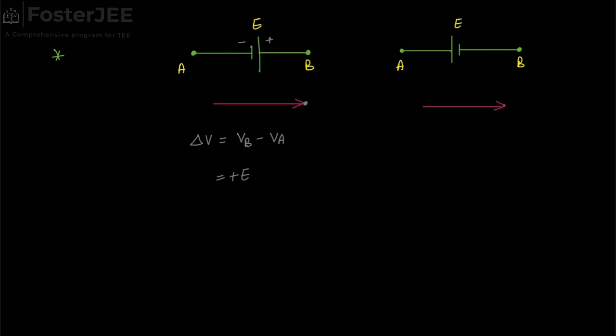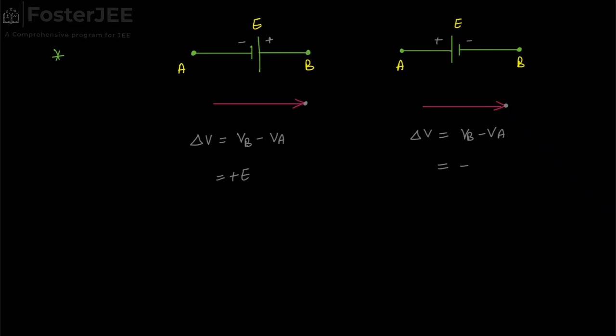In this case, we have to calculate the potential difference. The potential difference is given by final potential minus initial potential, that is VB minus VA. That depends upon the path. Now, note that in this case, B is connected to the negative terminal of the battery, that is lower potential, and A is connected to the positive terminal of the battery. So VB minus VA has to be negative.